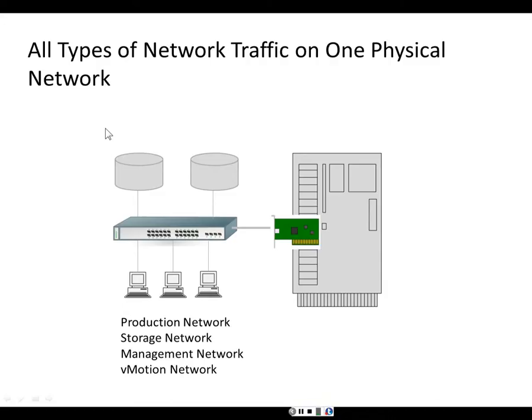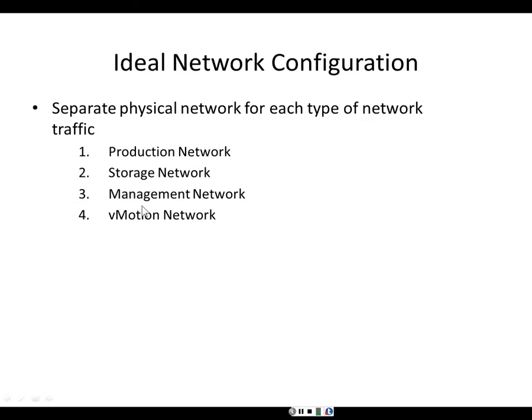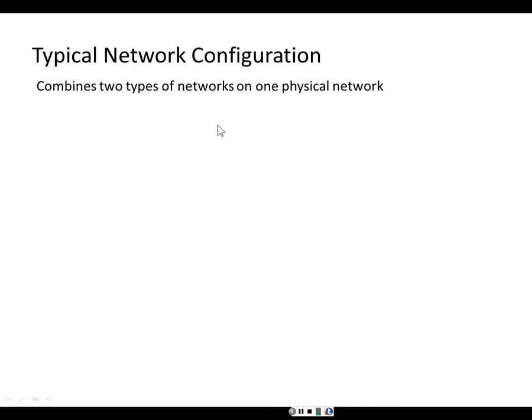And then the other end of the extreme would be all types of network traffic on one physical network, and that's cheaper, but it tends to lead toward network congestion, slows everybody down. So ideally, we have a separate physical network for each type of network traffic, but that's an expensive way to go. Most commonly, what we see is two types of networks are combined on each physical network.